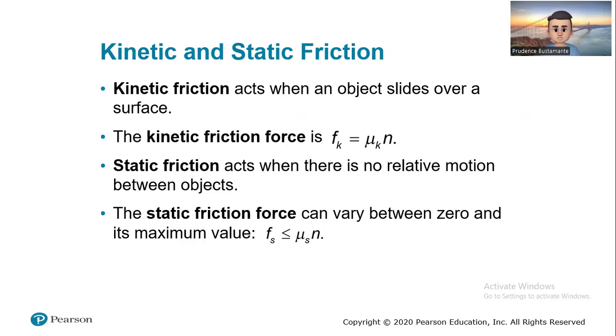Whenever you're pushing an object and it's sliding along the surface, the type of friction force acting on it is the kinetic friction force. The kinetic friction force is equal to some constant times the normal force. We call this constant the coefficient of kinetic friction.